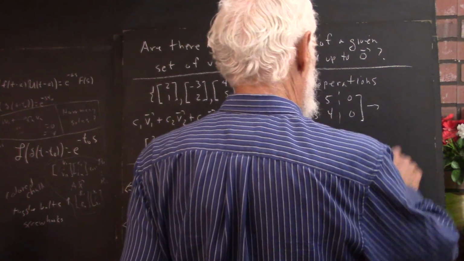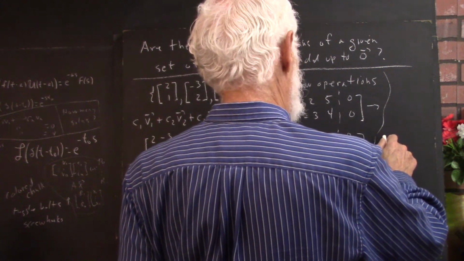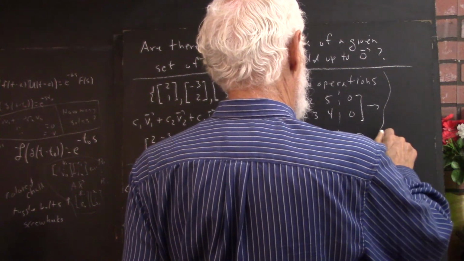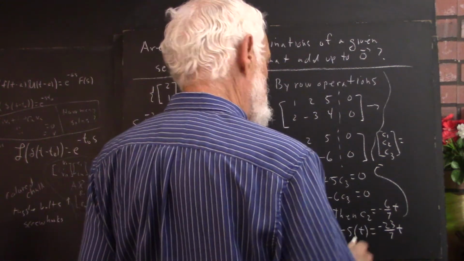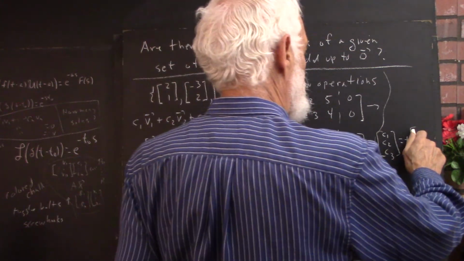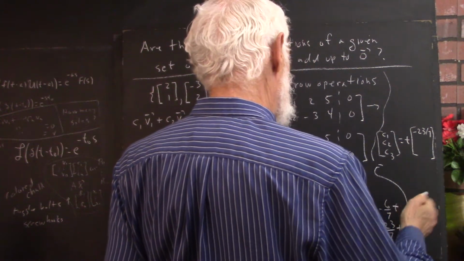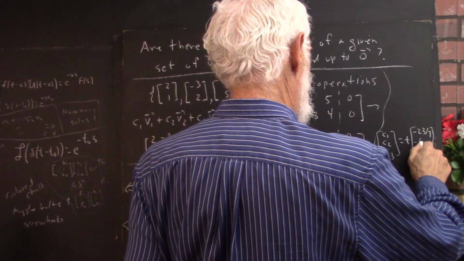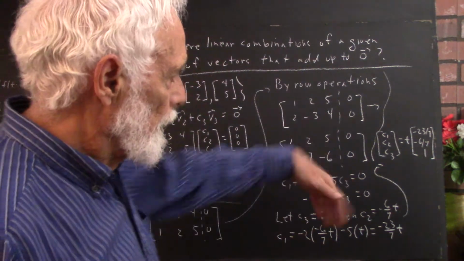I'm out of room here, so I'm going to have to sneak it in over here. This tells us that C1, C2, C3 is equal to T multiplied by negative 23/7, negative 6/7, 1. Now we can put that in a different form.